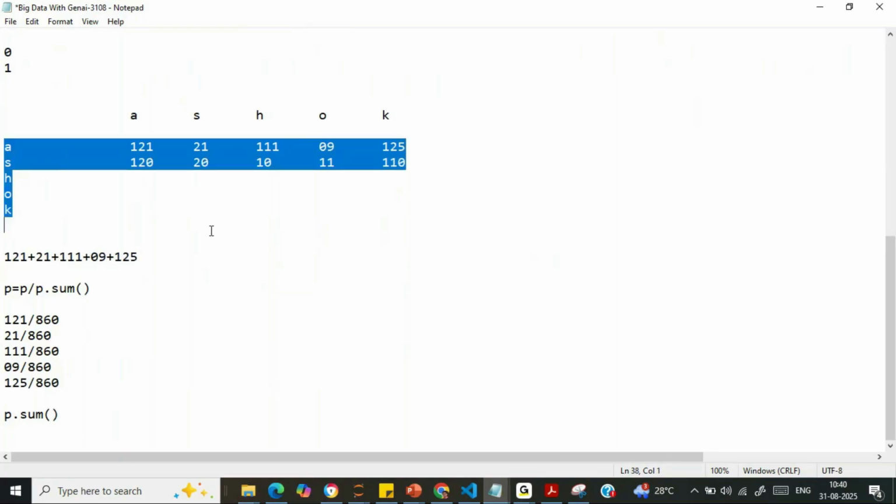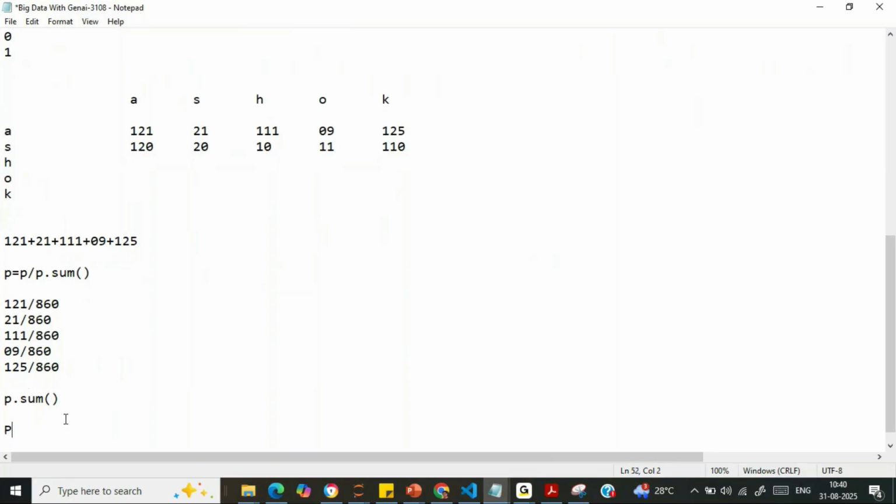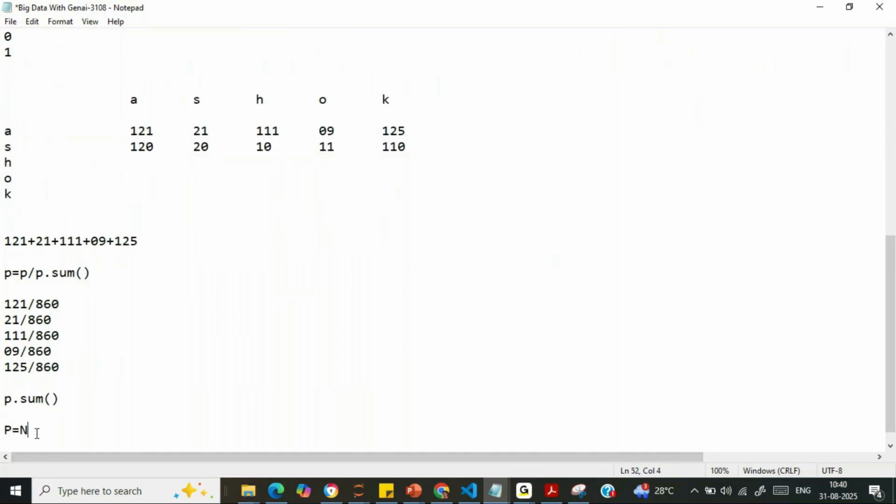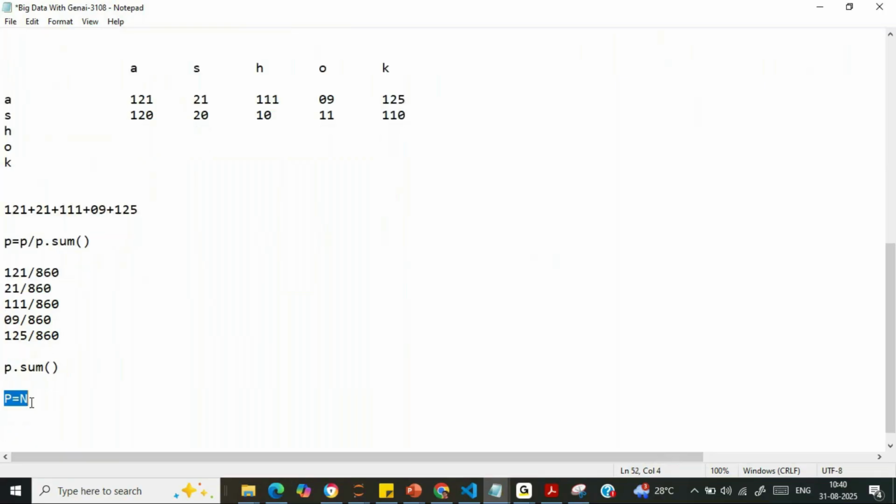But now once we are having the capital P, we have not taken the single row, the complete tensor is taken, and onto the complete tensor we have performed the calculation.